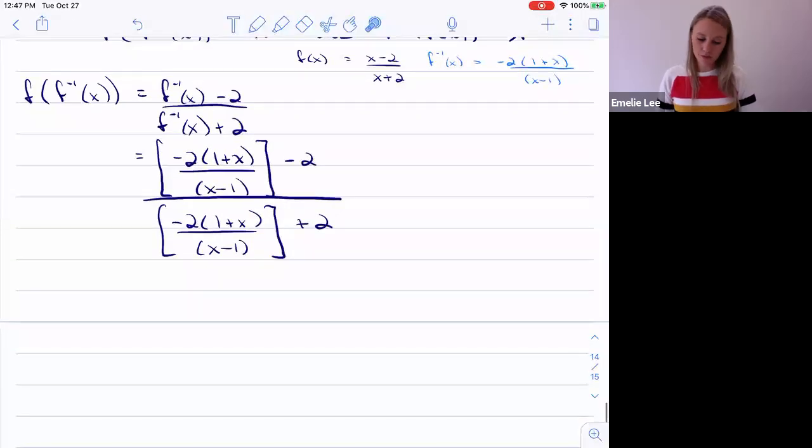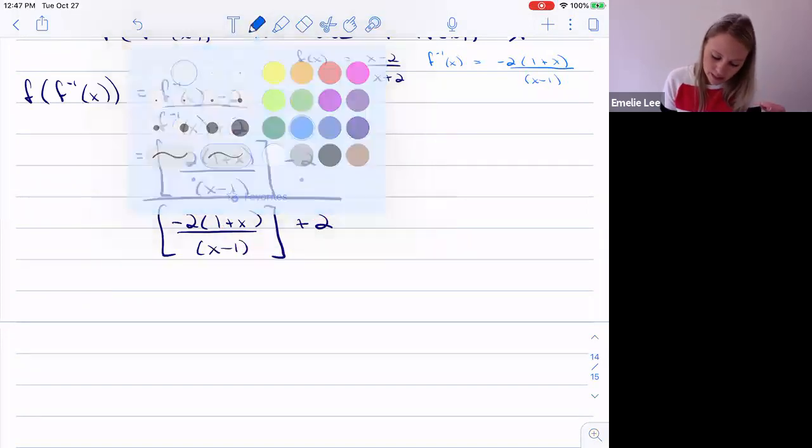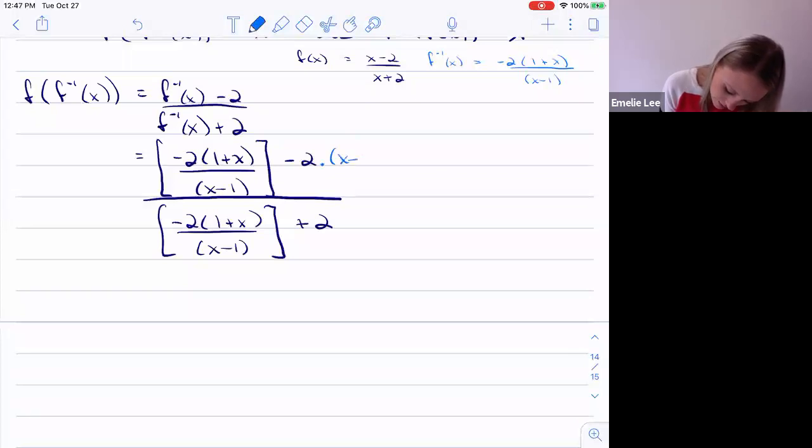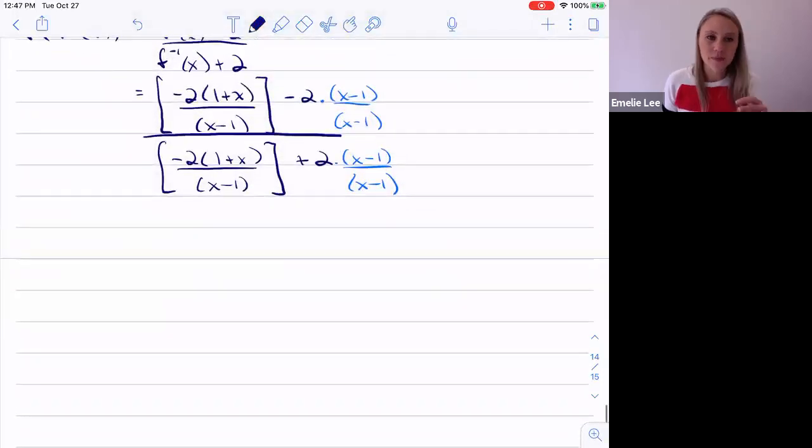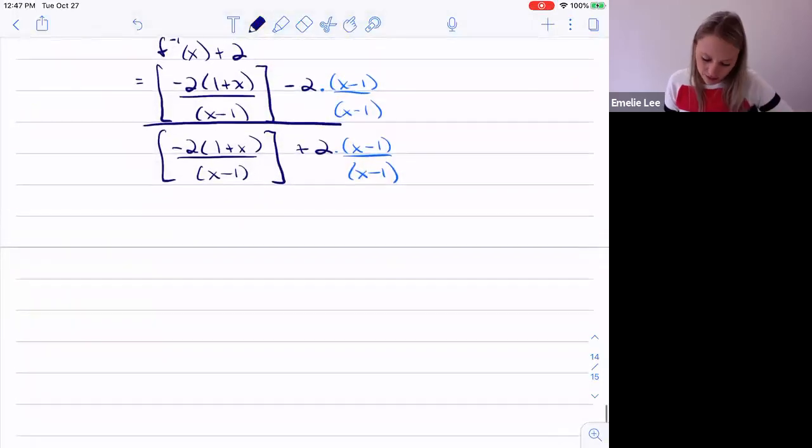In order to simplify this thing, I'm going to end up with a fraction over a fraction, right? But in order to get there, I have to have a common denominator. So what I need to do is multiply by (x minus 1) over (x minus 1). And same thing here, (x minus 1) over (x minus 1). So now I can simplify this a little bit.